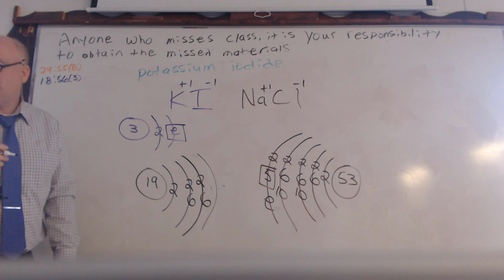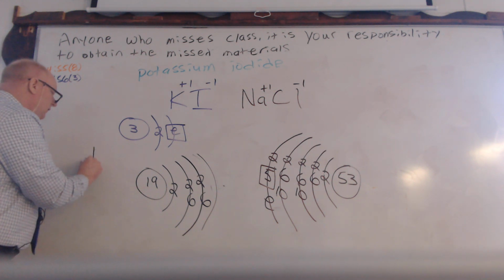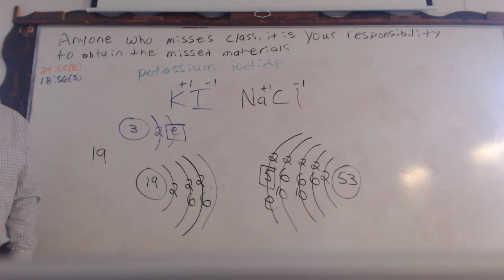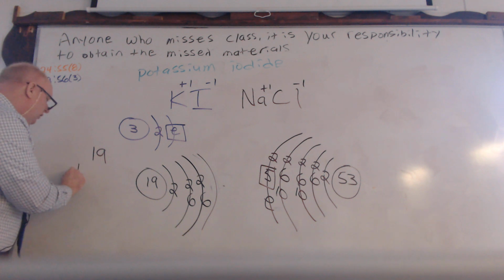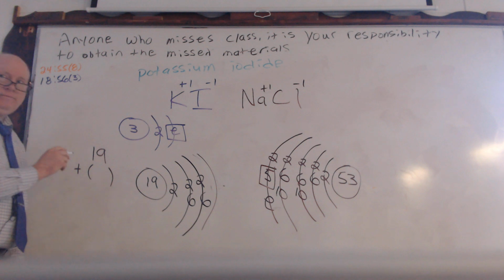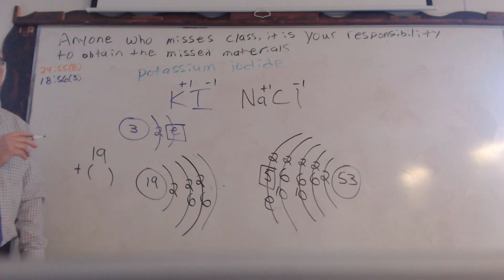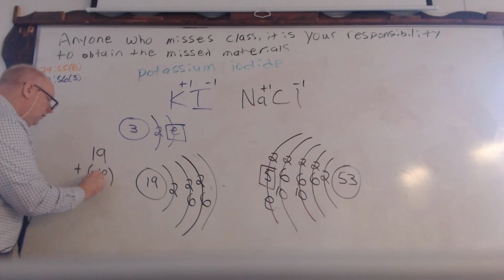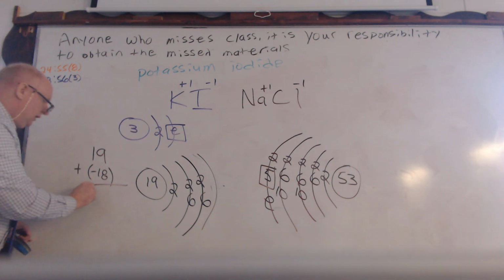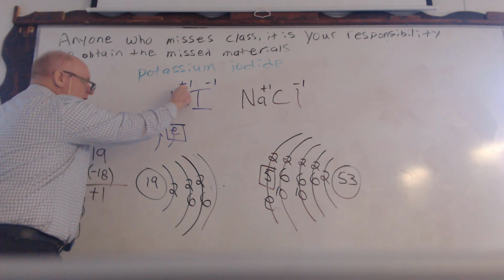How many positive charges? 19. How many electrons are out here now? And what type of charge do electrons have? Positive or negative? They've got a negative charge. Add those two numbers together. What type of charge? Plus 1. Right there it is. Okay?